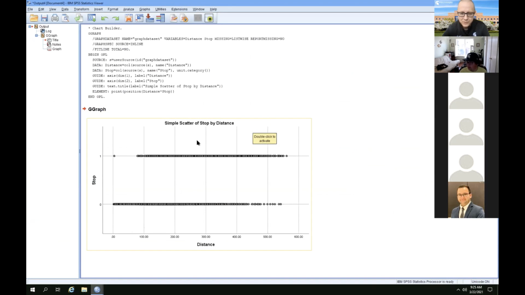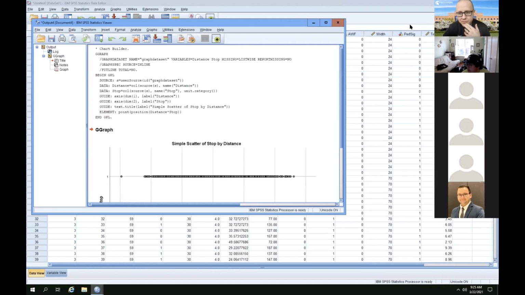There's a much larger cluster of points over on this end and a much larger cluster of points over on this end. All other things being equal, the further you are from that intersection when it changes to yellow, the more likely you are to stop, right? In addition to distance, is there anything else that would be a particularly strong determinant here?